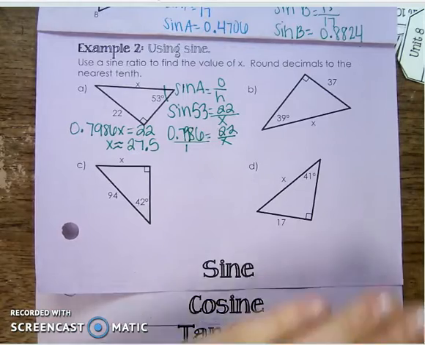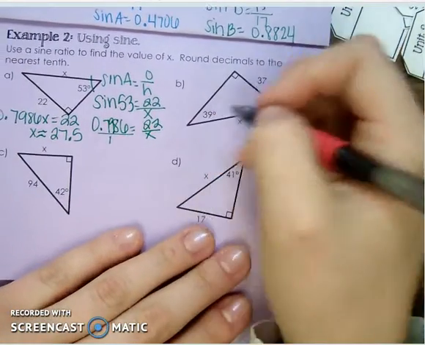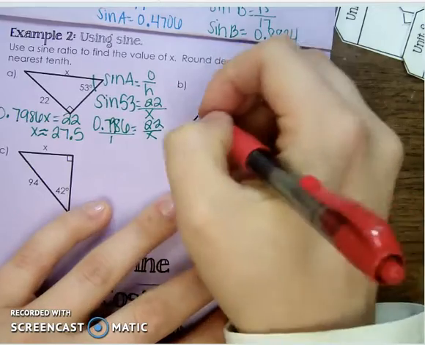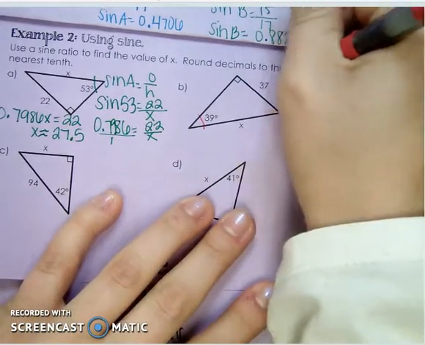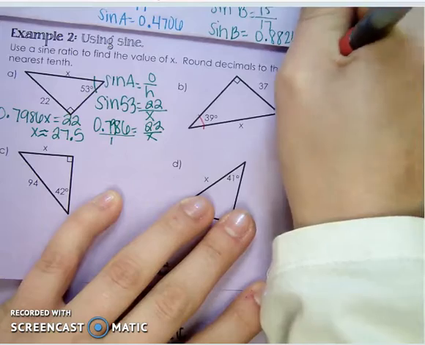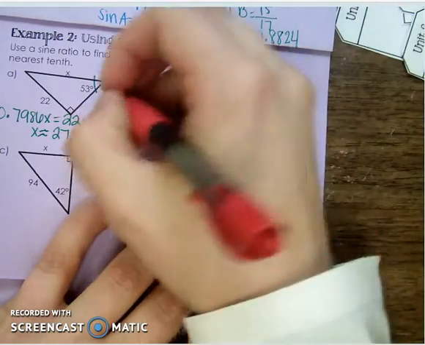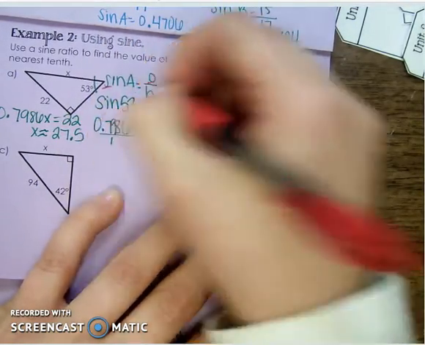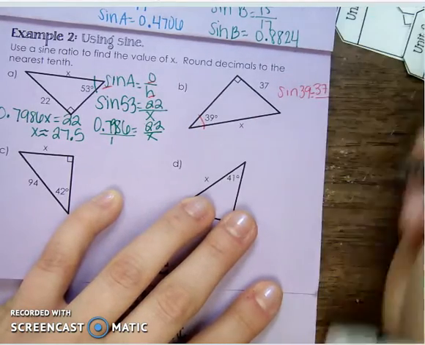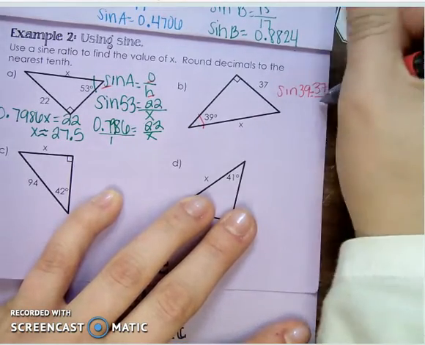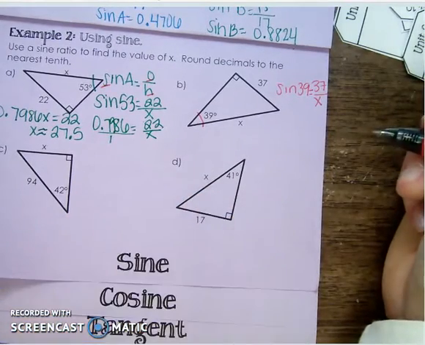Okay, let's look at example B. Again, I'm looking for the sine ratio. Here is my angle, so I'm looking for a sine of 39. It's going to equal, remember SOHCAHTOA, S-O-H, the opposite, which is 37, over the hypotenuse, which is x. Go ahead and put it in your calculator.